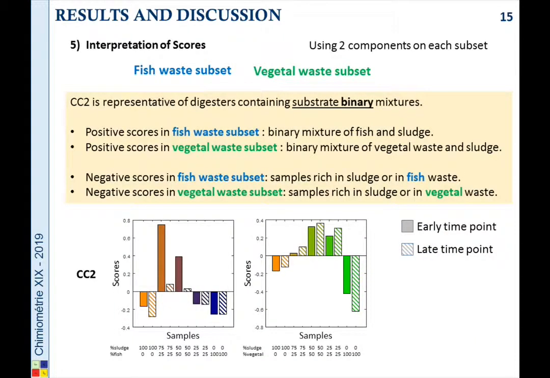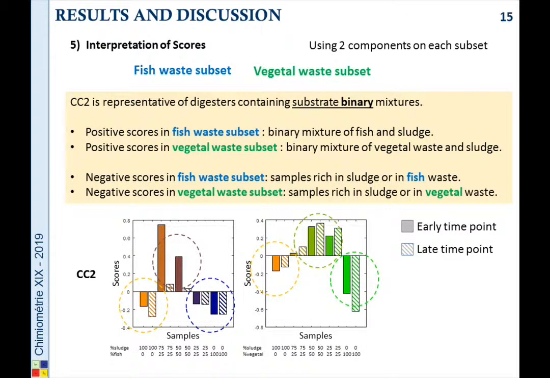If we look at the second component, we can see that it is representative of digesters containing a more homogeneous binary mixture. The positive scores are related to a mixture of fish and sludge on the left, with vegetal waste and sludge on the right, and on the other hand, negative scores are related to reactors that contain sludge, fish waste, or grass.